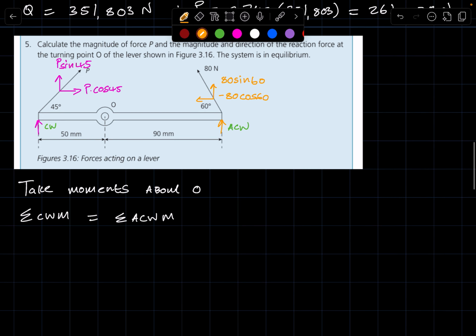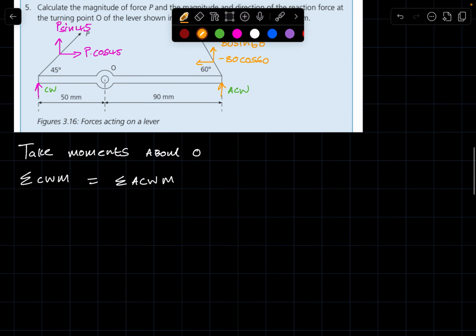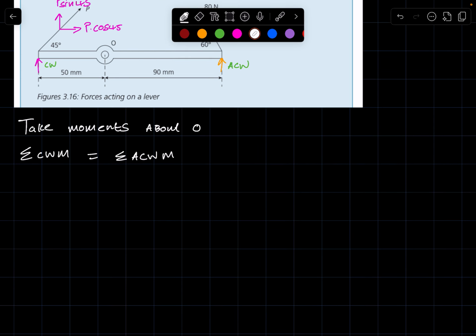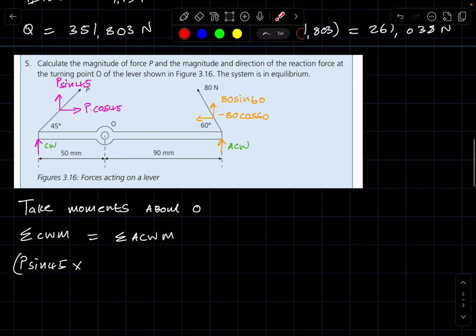So essentially, we have two moments: one based on the vertical component of force P, and one based on the vertical component of the 80 newton force. The clockwise moment is P sine 45. A moment is a force times distance.